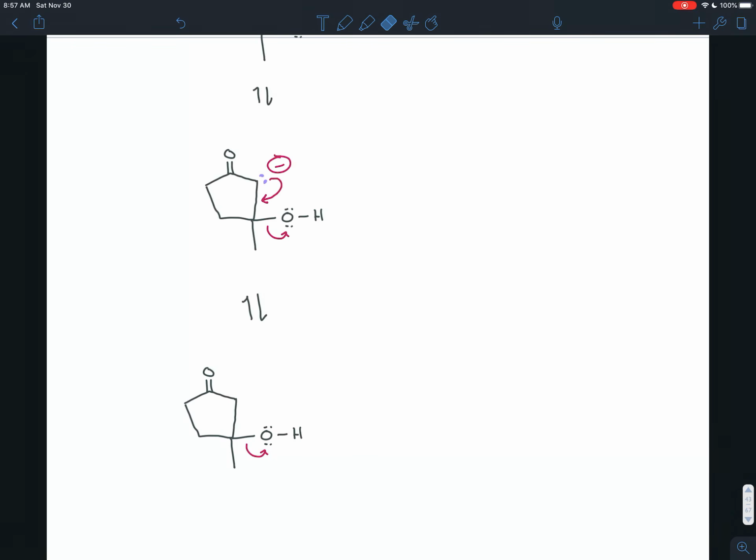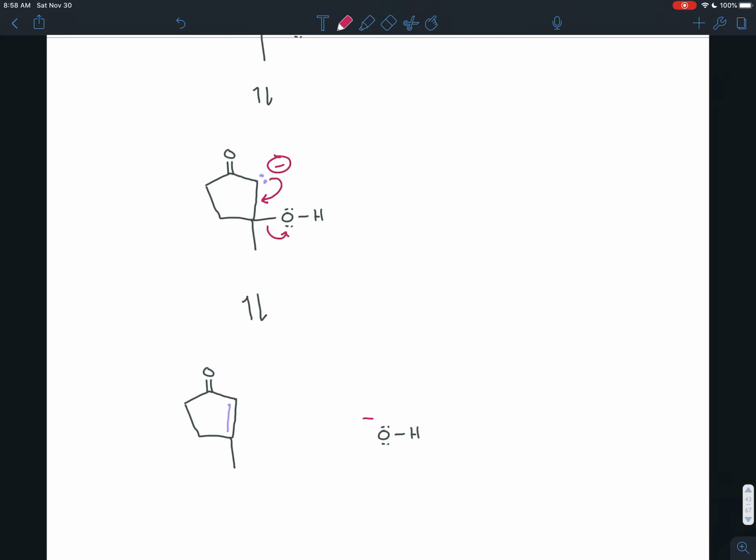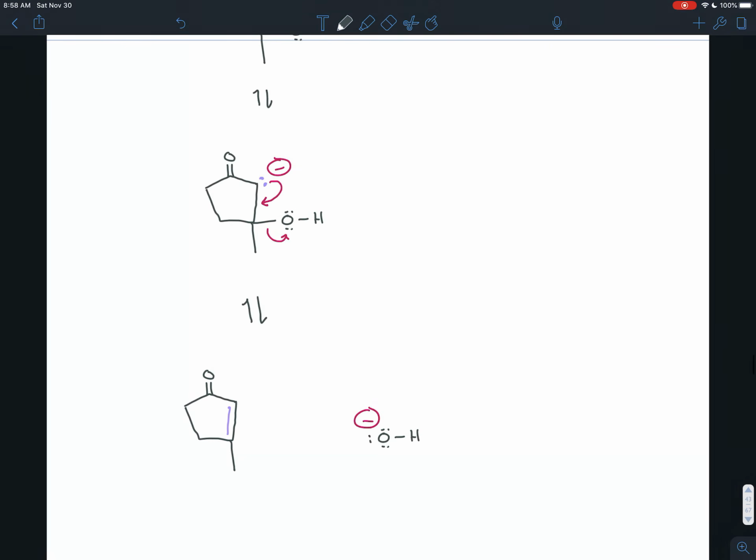If the carbon wins, then you form a pi bond there. And the hydroxy group leaves. And so you end up with your alpha-beta unsaturated ketone.